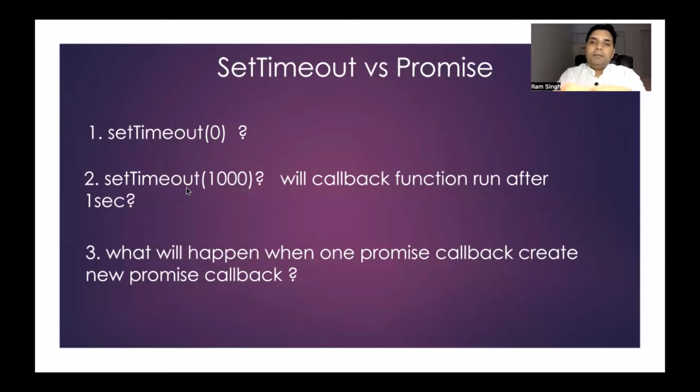But if the CallStack is not free at that moment, the callback queue function has to wait for the CallStack to become available, and only then will the event loop pick this callback from the callback queue and send it to the CallStack for execution.